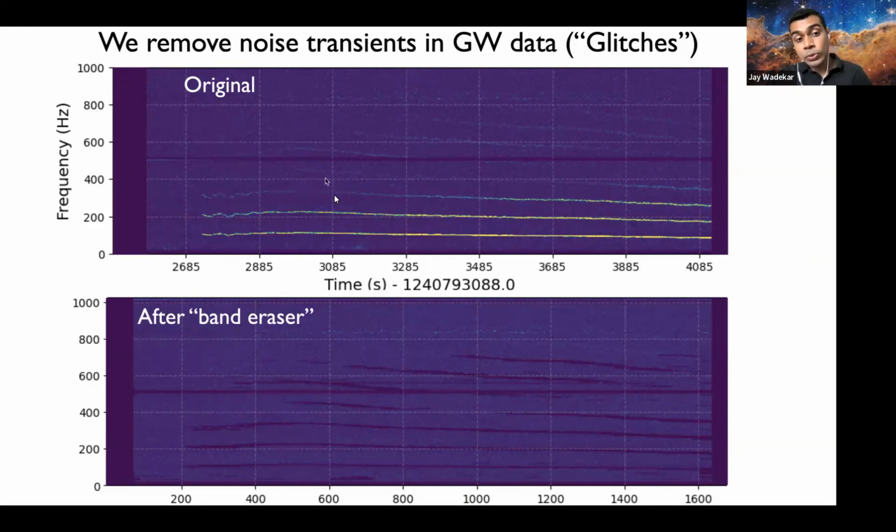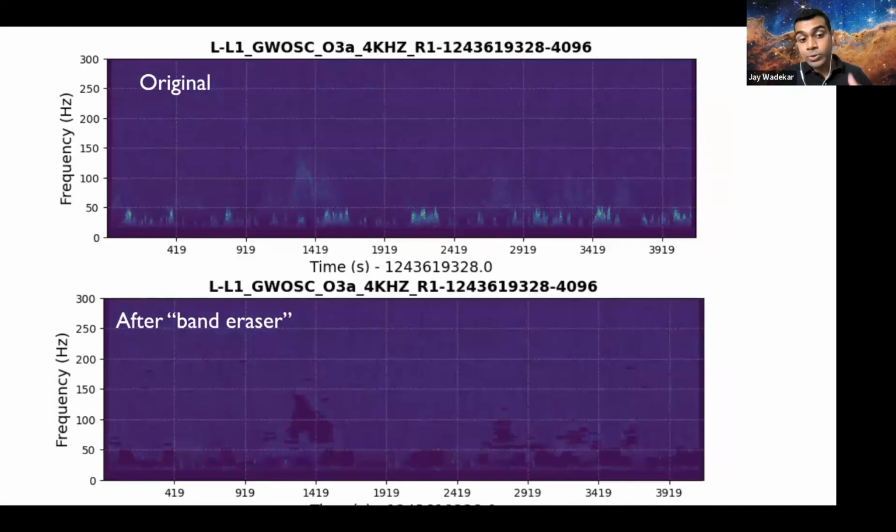So this was the data that, if you trigger it with some pipeline, has a 100 hertz frequency mode, and it will trigger with some binary black hole waveforms which have a lot of power near 100 hertz, for example. And so we try to develop some tools like this band eraser where we could clean these streaks. And it's not just these streaks, but also these blip-like things.